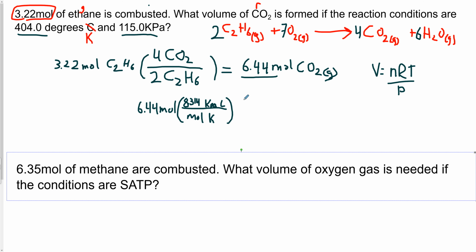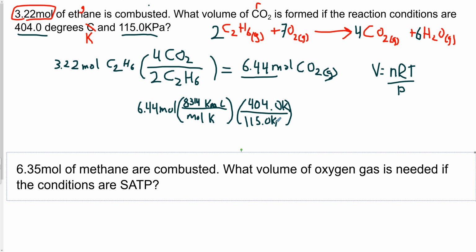So that's an R. Then our T is up top, temperature 404.0 Kelvin, and then 115.0 kilopascals is pressure, and that goes on the bottom.